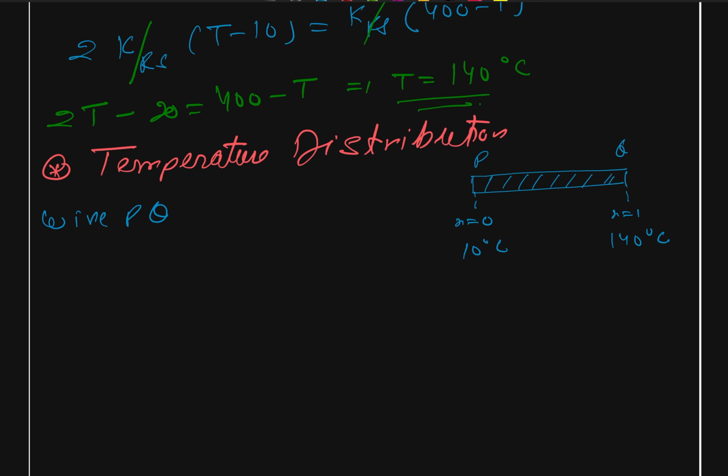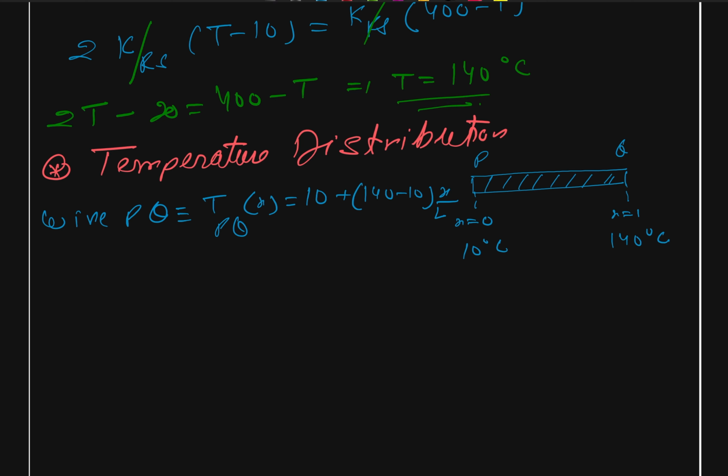Therefore, the temperature distribution for the wire PQ, let us call this T of PQ, variable dependent upon X, will be equal to 10 plus the difference in temperature, 140 minus 10, times X upon L.